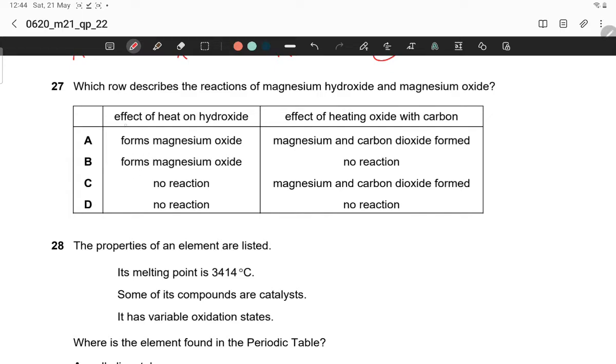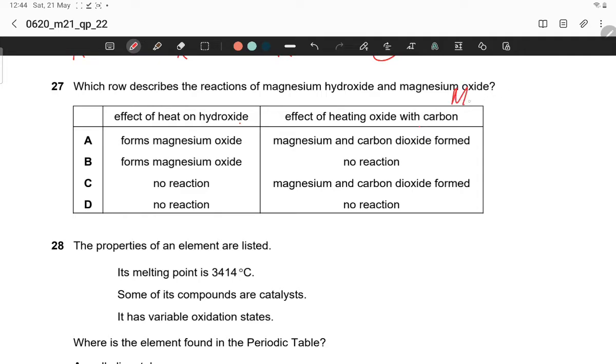Effect of heat on magnesium hydroxide. Yes, forms magnesium oxide on heating. Magnesium hydroxide and effect of heat. Heating oxide with carbon.